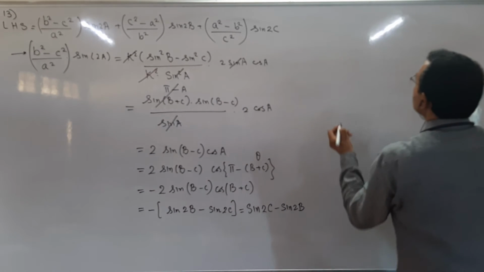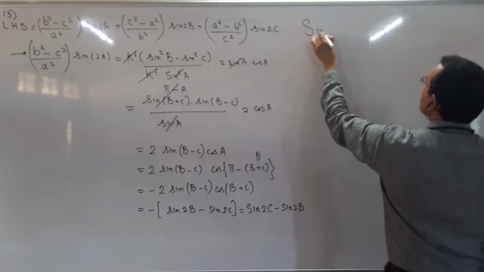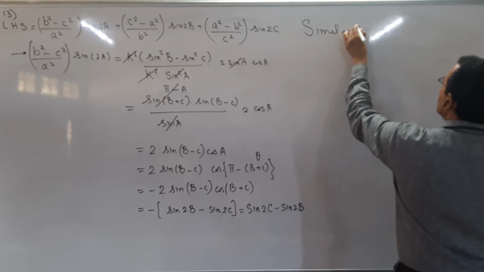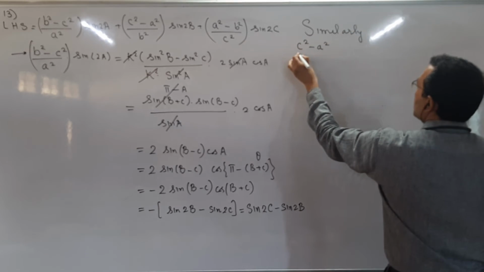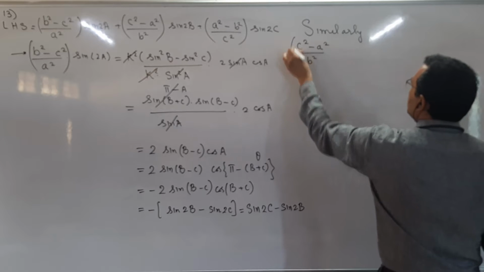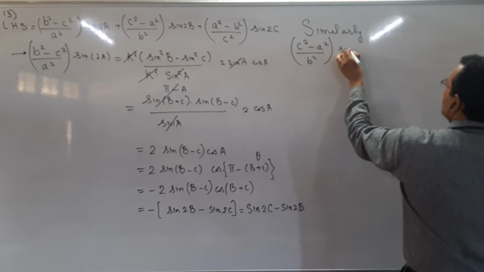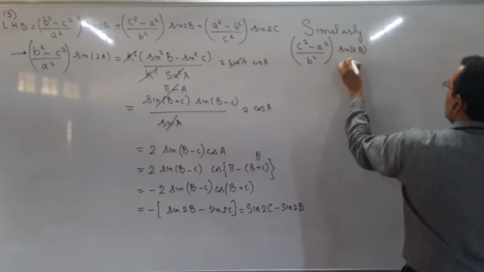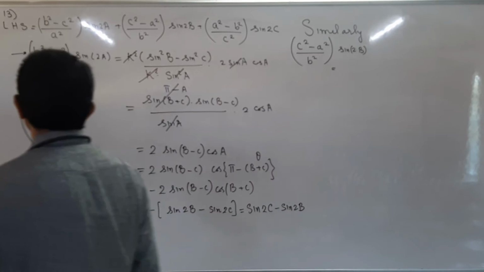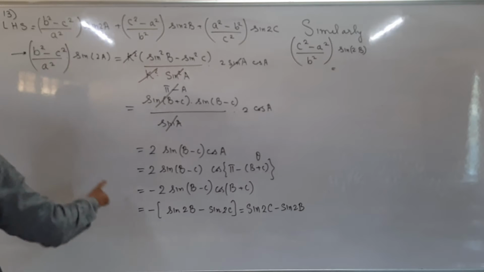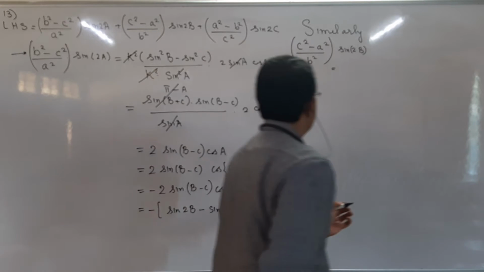Now similarly, we can simplify the other two terms, c square minus a square upon b square into sine of 2B. Now check, if it is B minus C, here it is sine 2C minus sine 2B.